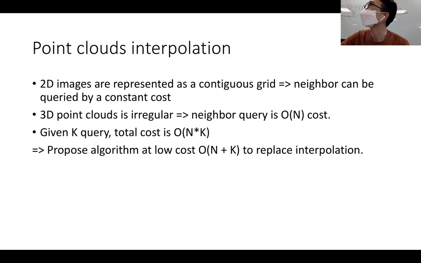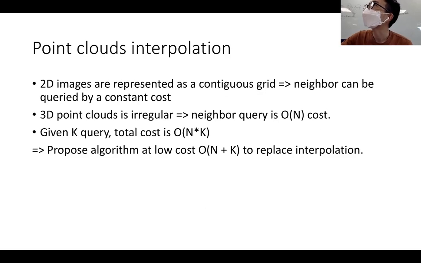However, 3D points are irregular. You don't know whether a point exists or not. So what you need to do is compare your point with all the known points, compare the distance to all the known points, to know which point is a neighbor of a given point.